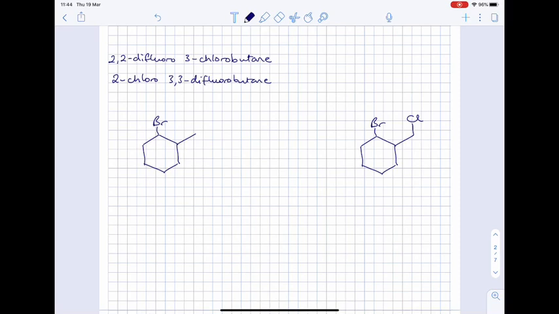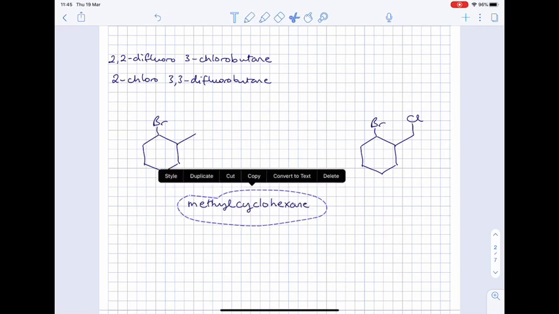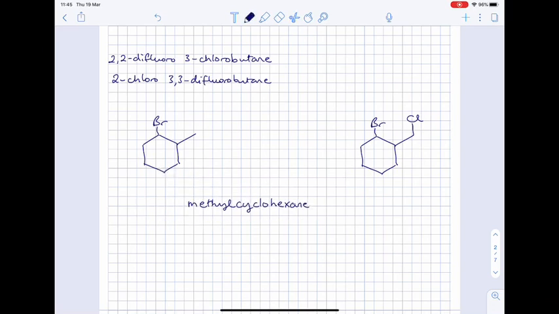So this will be based on the parent compound cyclohexane, or it will be methyl cyclohexane, and we have a bromo group. So since the methyl group should have the lowest number carbon, this is carbon 1, this should be carbon 2. So we have 2-bromo methyl cyclohexane.